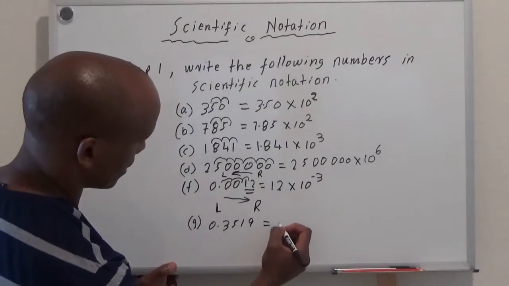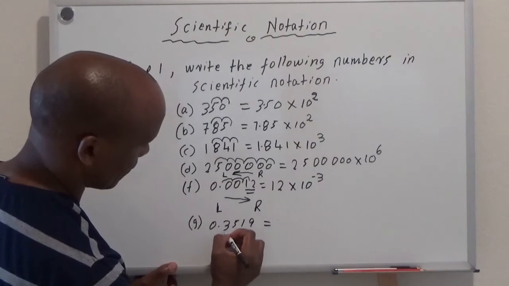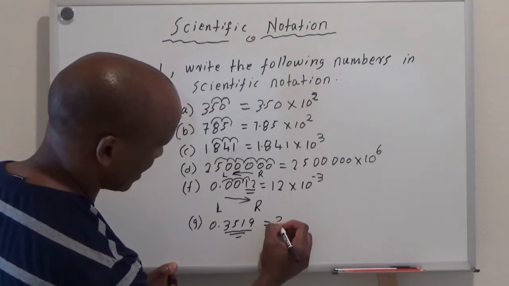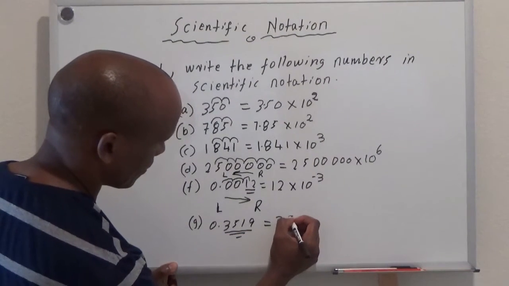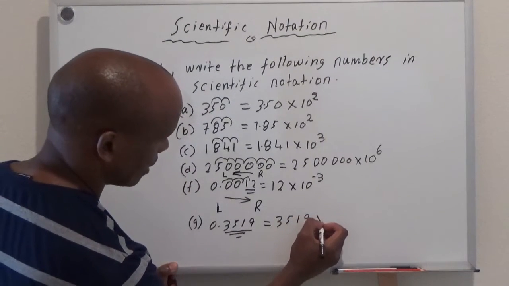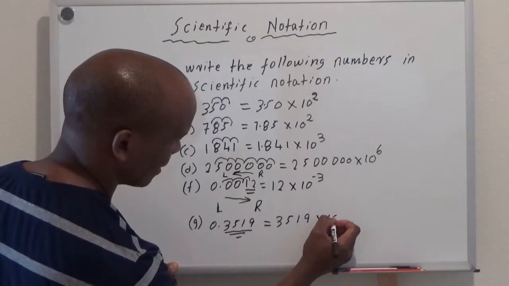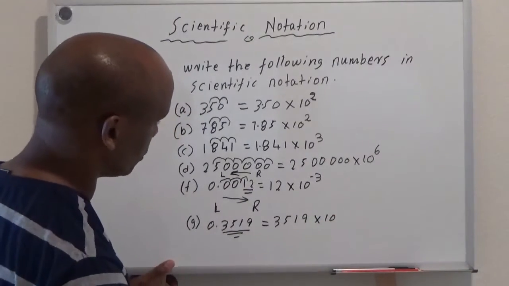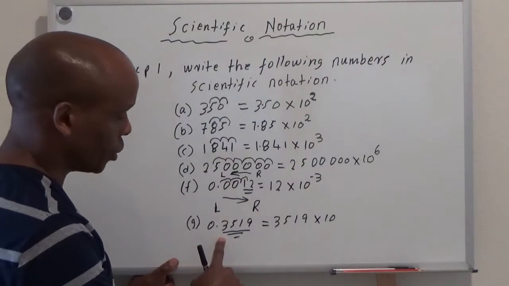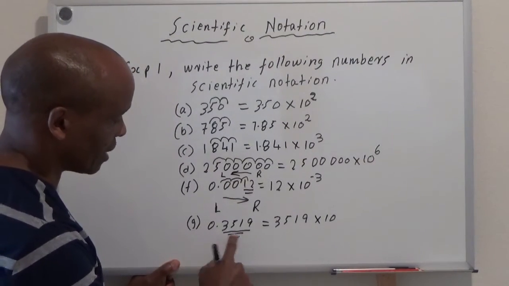First of all write my number just the way it is. This number, 0.3519, and I have 10 to the power of something which I don't know. It's a point number, it's a number less than 1.